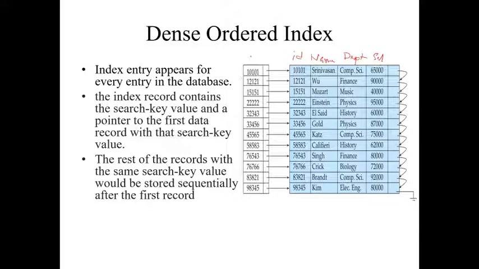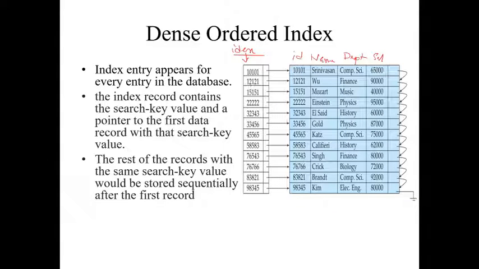Now, this is our index file. What are we doing here? We are creating an index entry for each ID value. The first ID goes here, and then we keep the physical address for the first entry.